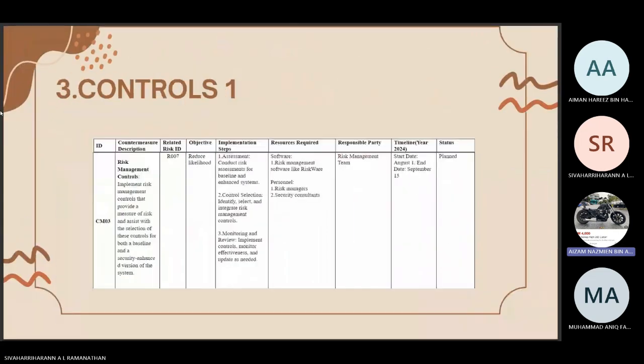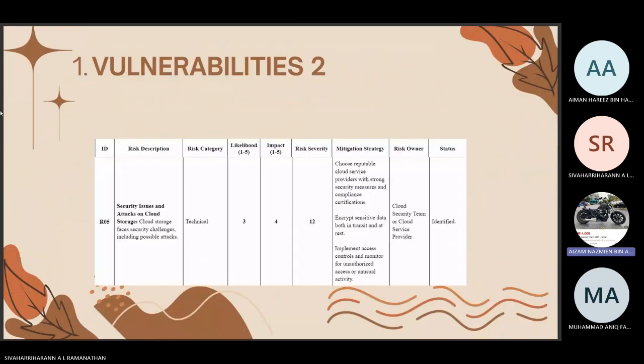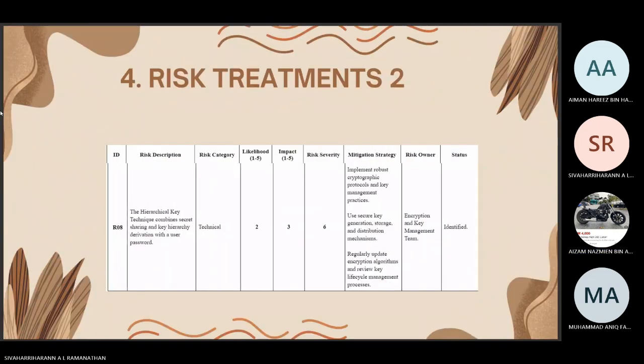Next, we have risk treatments. The risk register identifies a technical risk R08 associated with the hierarchical key technique, which combines record sharing and key hierarchy derivation with a user password. The risk is assessed with a likelihood of 2 and an impact of 3, resulting in a risk severity score of 6.